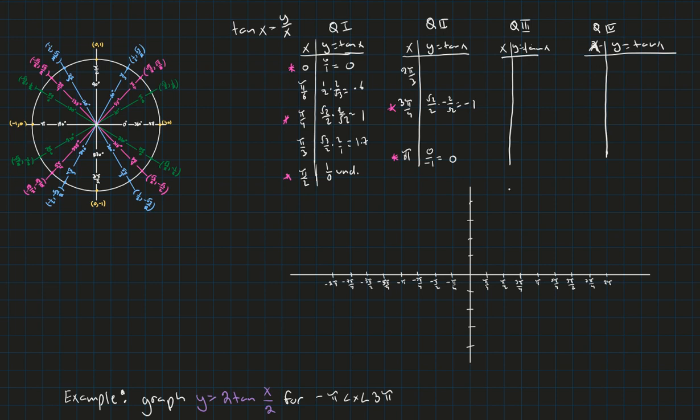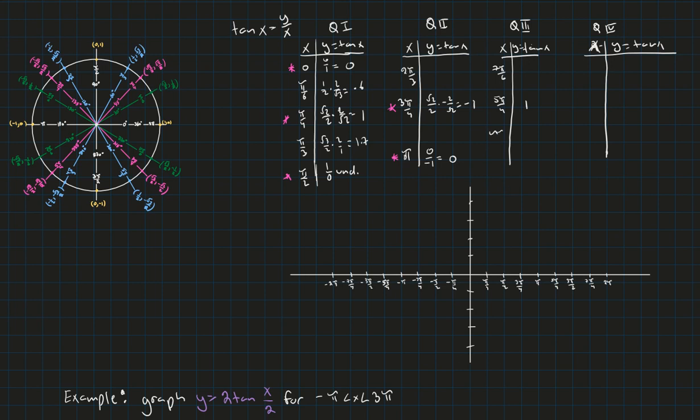And then let's keep going to our third quadrant. Again, 7 pi over 6, not interested. 4 pi over 3, not interested. What I do care about is this point, 5 pi over 4. 5 pi over 4 is going to give me positive 1 because I'm dividing a negative by a negative in that third quadrant.